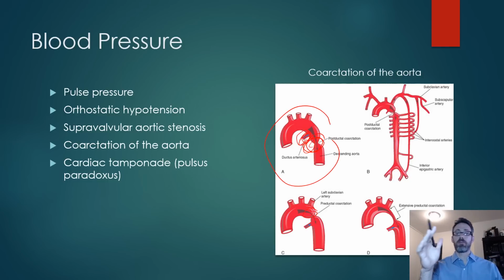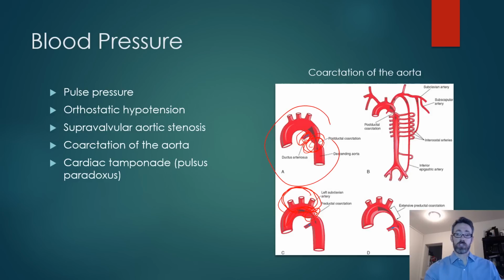But the main point I want to make here is that the constriction usually happens after the arch, which means, if you recall, the branches on the arch feed the upper extremities. Blood needs to traverse down the descending portion of the aorta to reach the lower extremities.